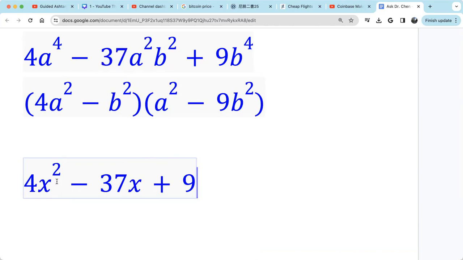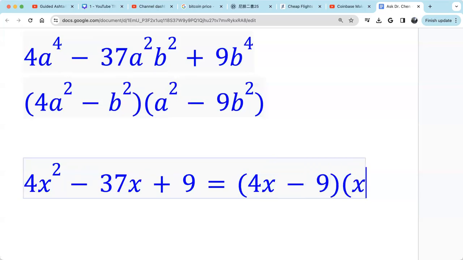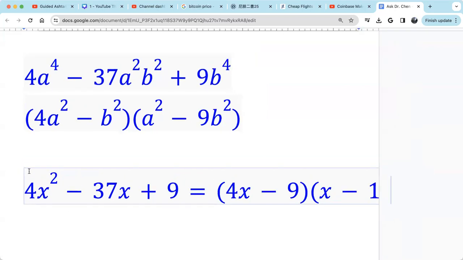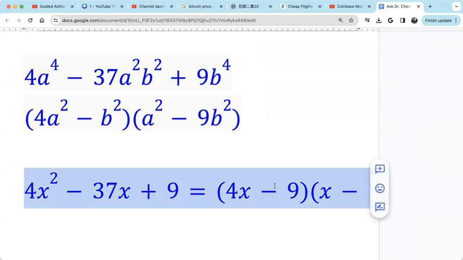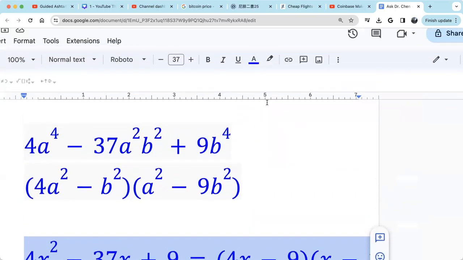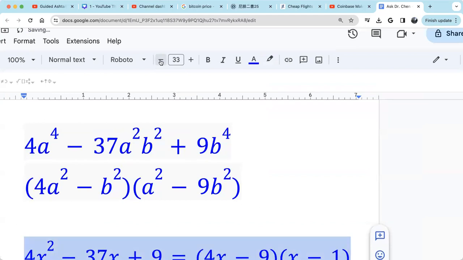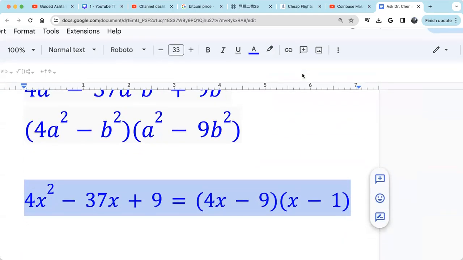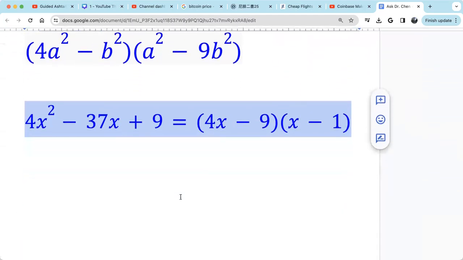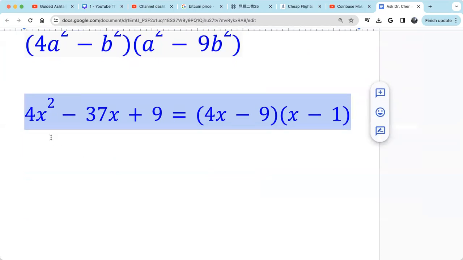Then this is probably easier to factor. You see, I need 4x minus 9 and then x minus 1, right? Let me see if I can change this font so I can see the whole thing.